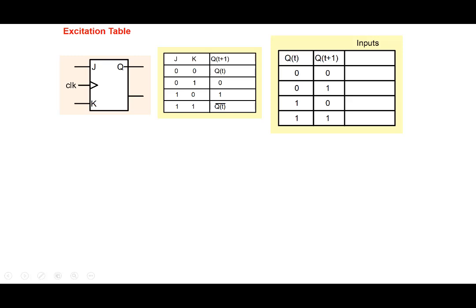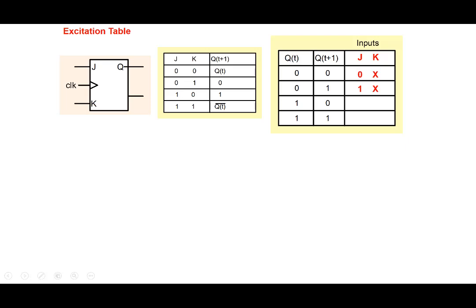Now 0 0 and 0 1 can be combined and we can say, if we apply J equal to 0, K is don't care. You can apply 0 here, you can apply 1 here, and this will cause this kind of transition. To cause a transition from 0 to 1, what do you have to do? You have to apply 1 0.